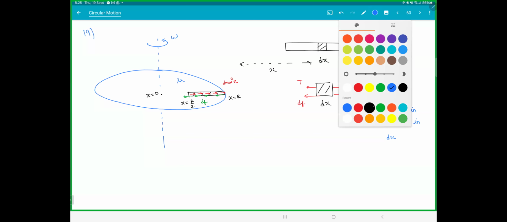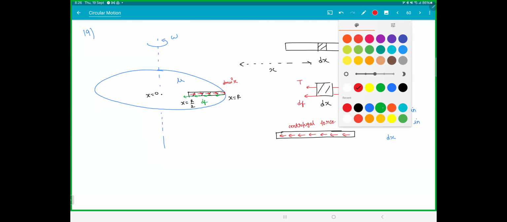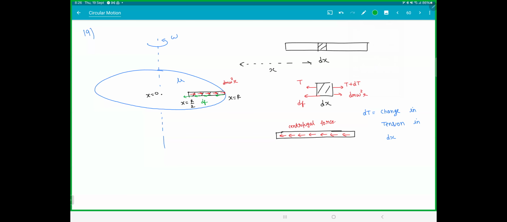So now can I say like this? The total centrifugal force, so if you just take the full rod, all the centrifugal forces will be like this. Oops, I wrote reverse.